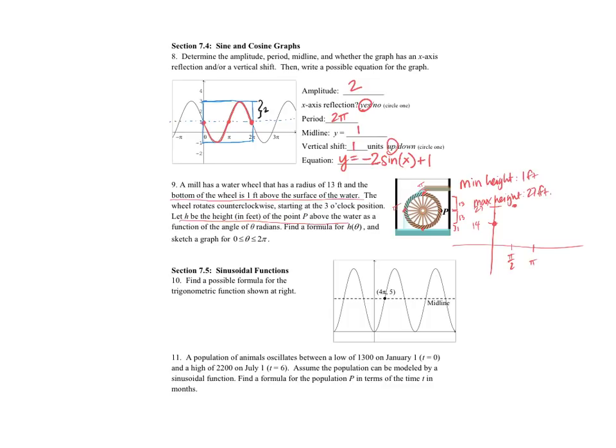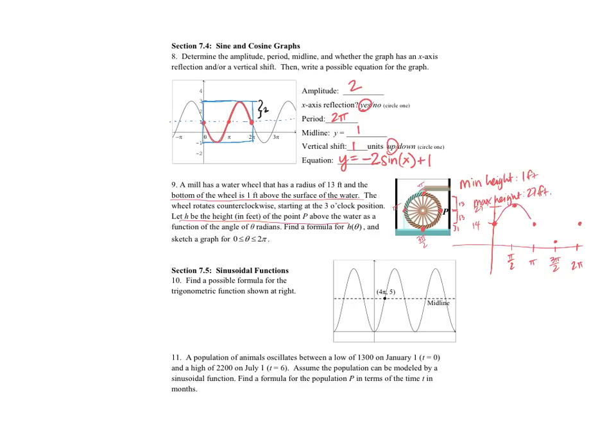When I'm at pi radians, the height goes back to 14 feet. And then when I am at 3 pi over 2 radians, down here at the bottom, the height of my point is 1 foot above the water. And then when I get all the way to 2 pi, all the way back around, my height goes back to the height I started with, which was 14 feet above the water.